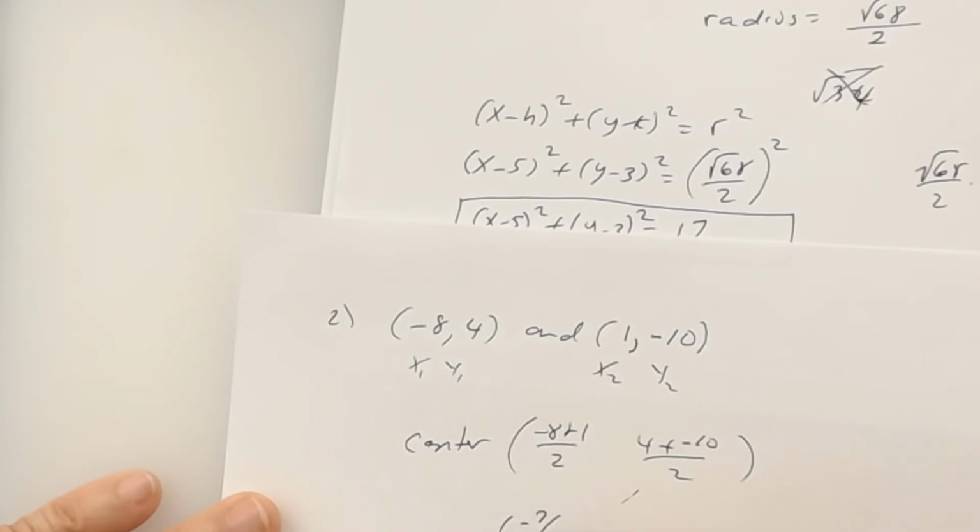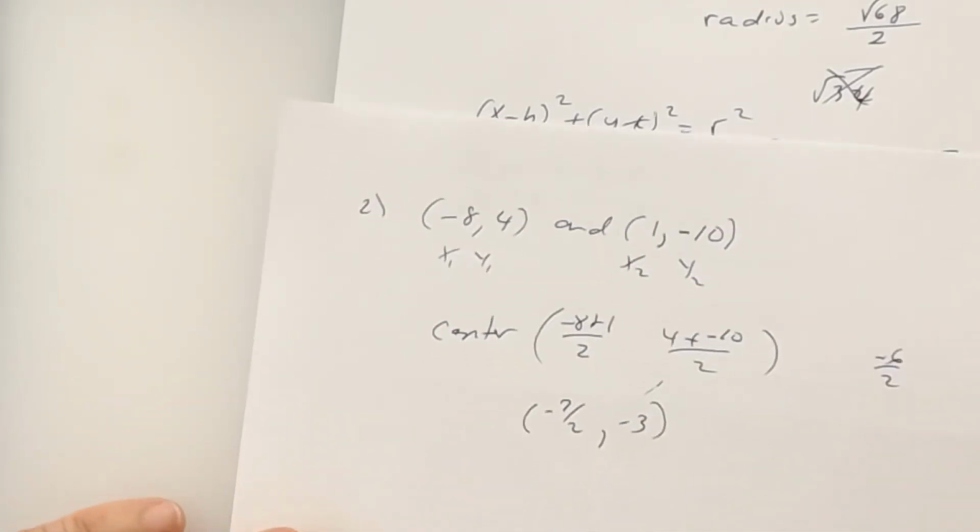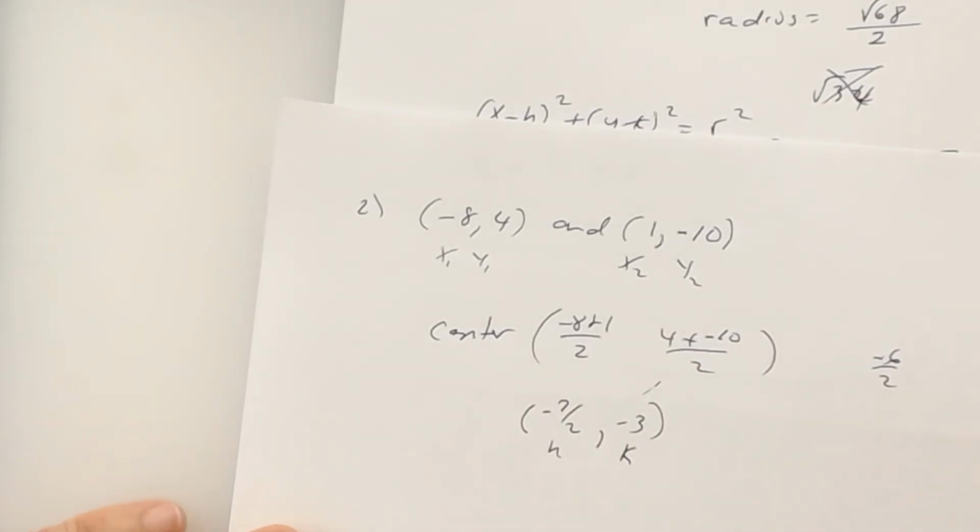So I get -7/2, right? Leave it as a fraction. Comma, what's 4 plus the -10? And what's -6 divided by 2? -3. So there's my center. My center is (h, k), so h is -7/2, and then k is -3.